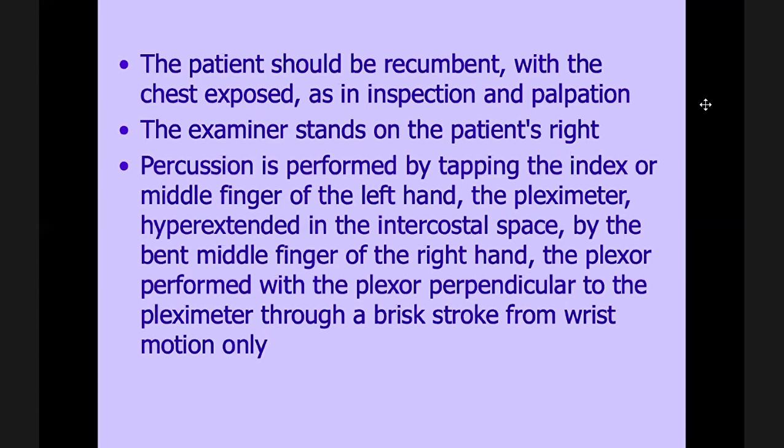Percussion is performed by tapping the index or middle finger of the left hand. You know this already when you do your percussion of the chest, right? The pleximeter, you hyperextend in the intercostal space, and then the bent middle finger, the flexor, performs the tap perpendicular to the pleximeter with a brisk stroke.